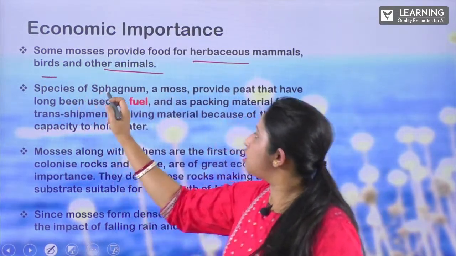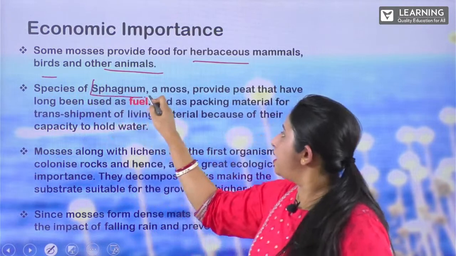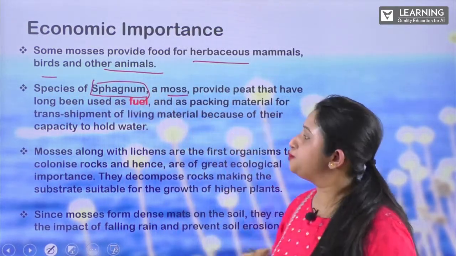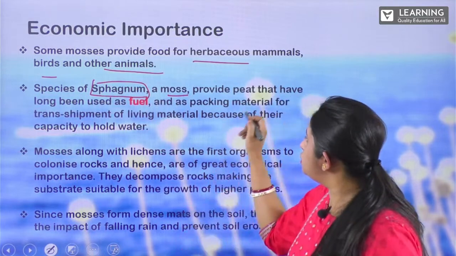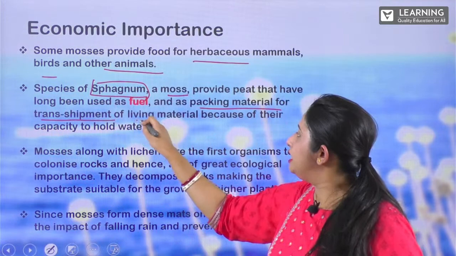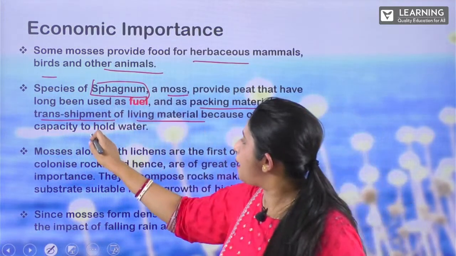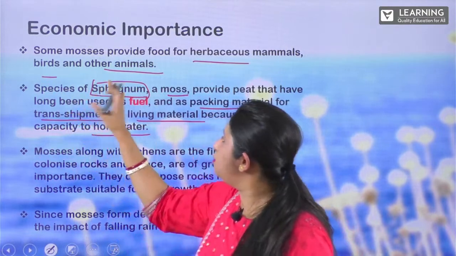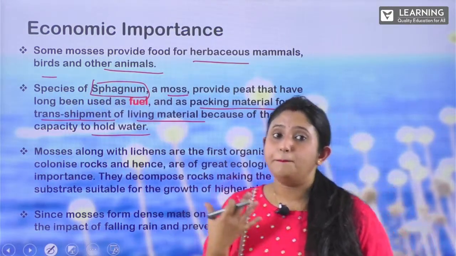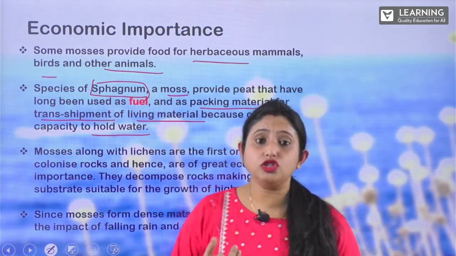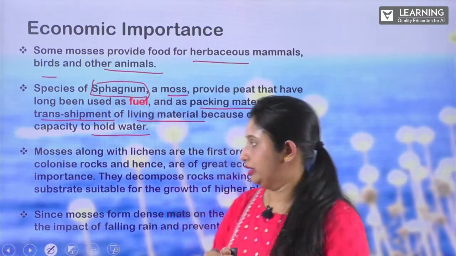The species of sphagnum moss is used as a packing material for the transshipment of living material because of its capacity to hold water. So this is a particular moss used as packing material. Why? Because it has the capacity to hold water.